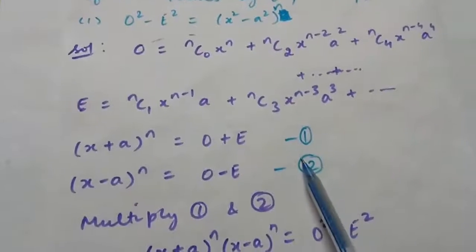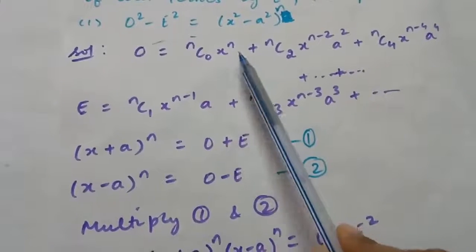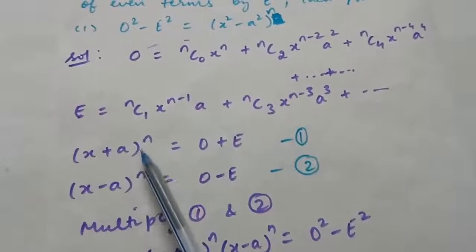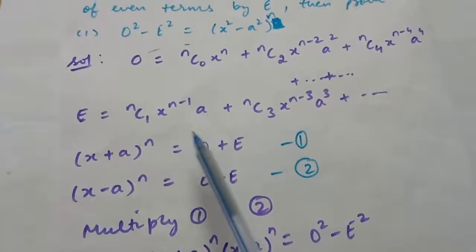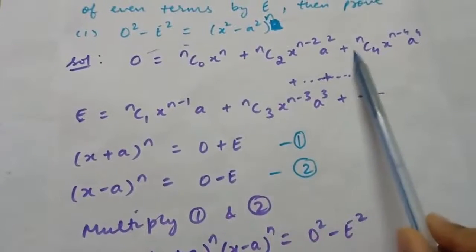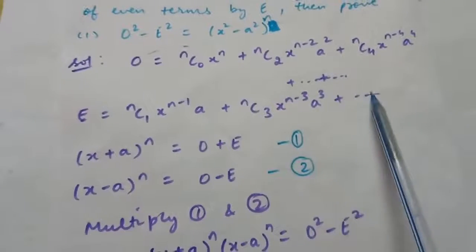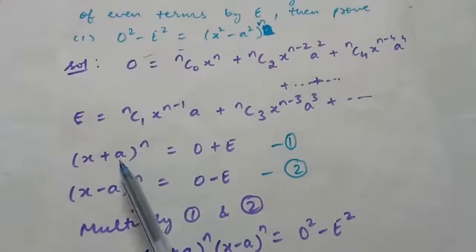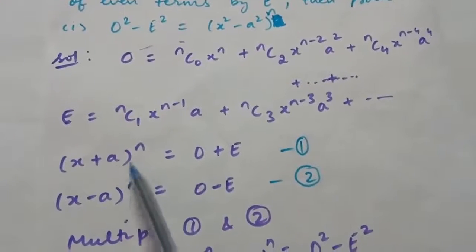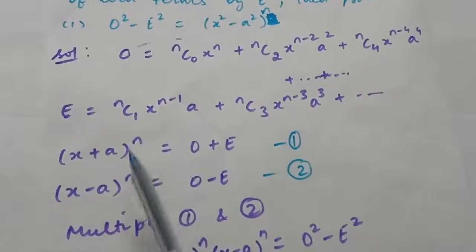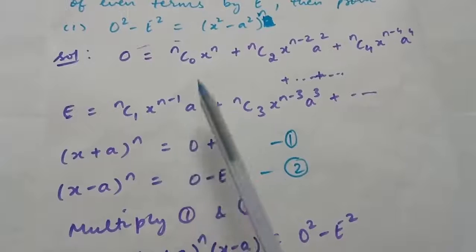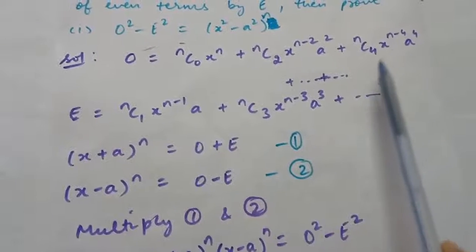So as you can see, O plus E becomes (x + a)^n. Why? Because O is the sum of odd terms, E is the sum of even terms. Adding odd and even terms, you will get the complete expansion (x + a)^n. Now see, in (x − a)^n, odd terms will remain the same.